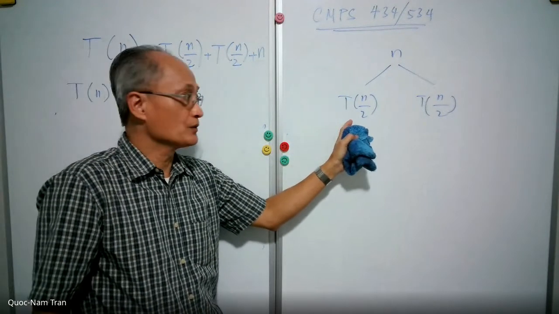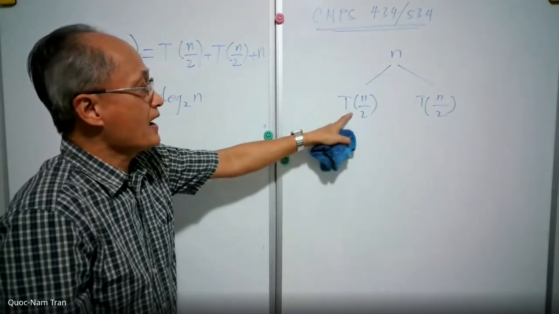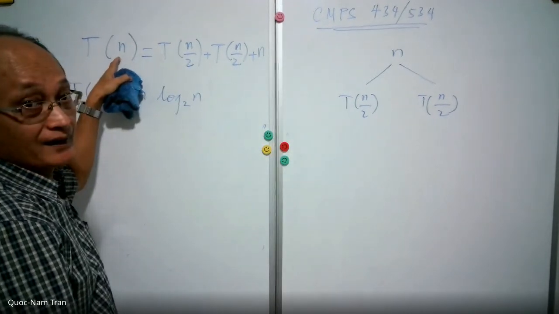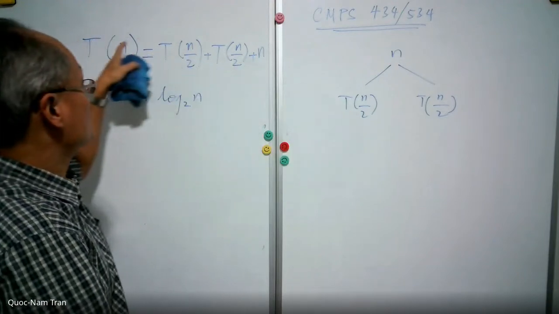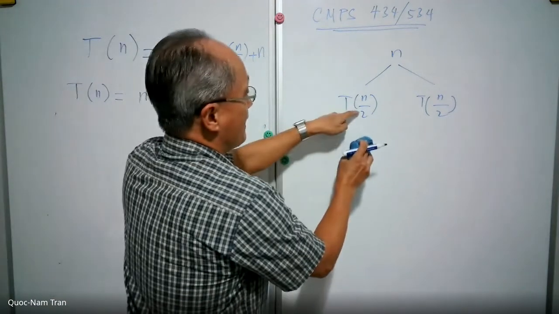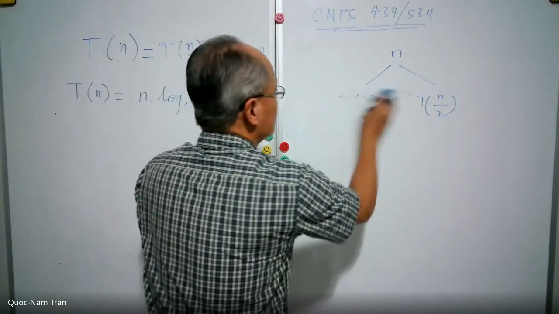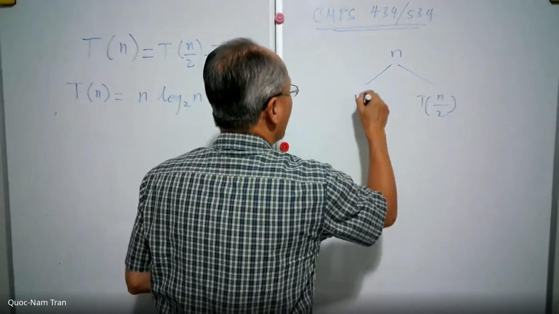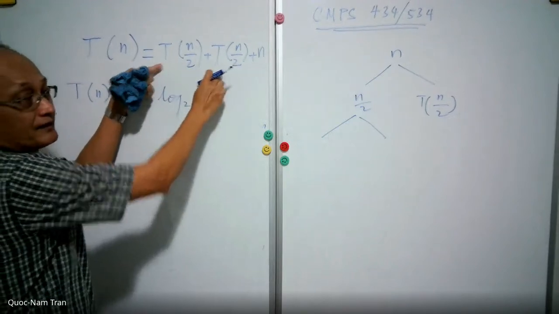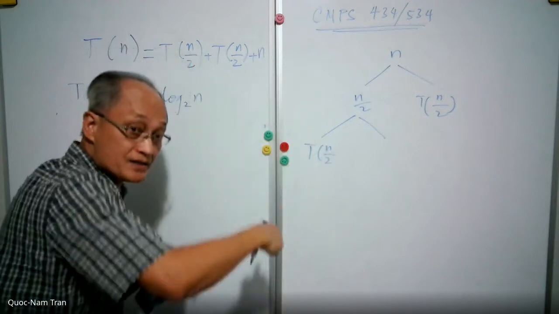Now we will try to replace this node, the left node, T(n/2). What is T(n/2)? Just replace n with n/2. So here T(n/2) will be replaced by n/2, the extra cost, plus the left and the right, which are T(n/2 divided by 2).